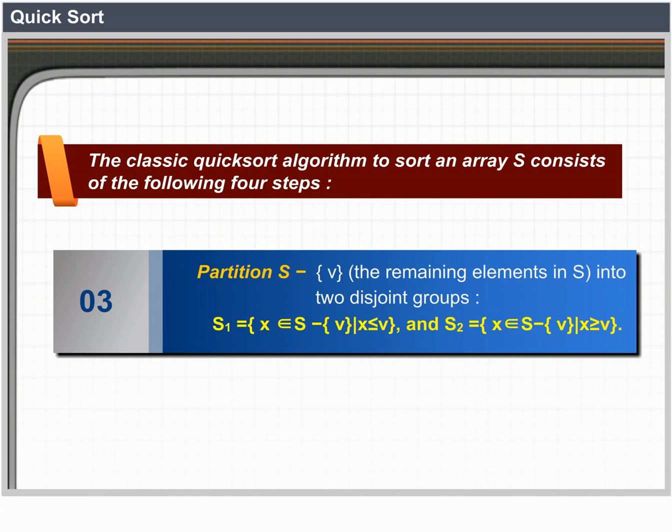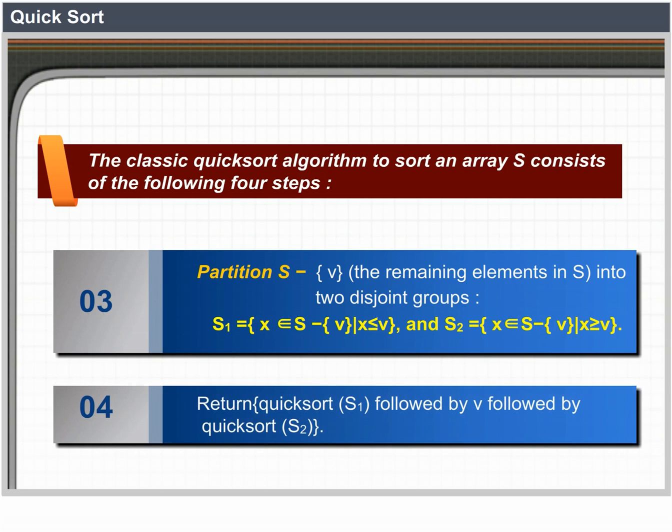Partition S minus V, the remaining elements in S, into two disjoint groups: S1 is the set which contains x belongs to S minus V such that x is less than or equal to V, and S2 is the set which contains x belongs to S minus V such that x is greater than or equal to V. Step 4. Return quicksort of S1 followed by V followed by quicksort of S2.